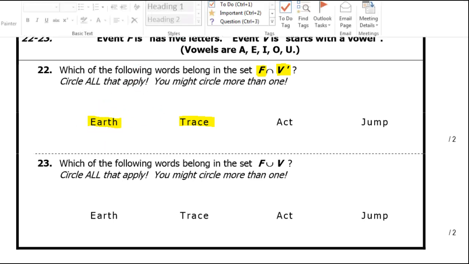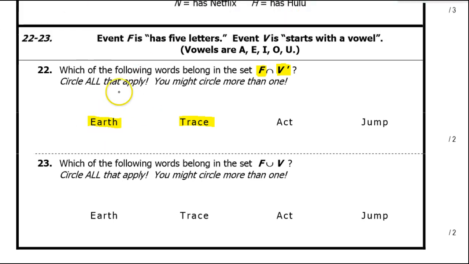That's why I have to forget about earth. Alright, E, that starts with a vowel. Alright, that's V. We want only things that are not V. And so that means the only remaining answer is trace. Okay, and we can see that this satisfies both conditions. It simultaneously has 5 letters, and it does not start with a vowel.